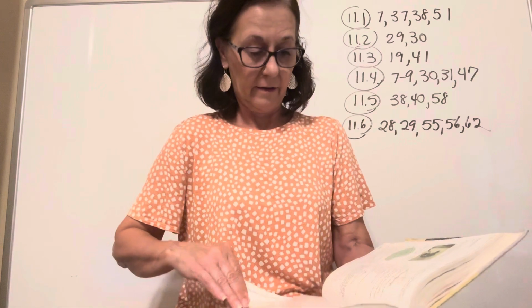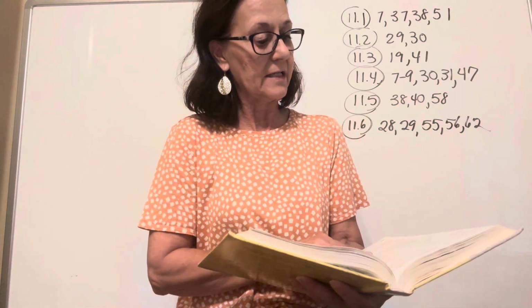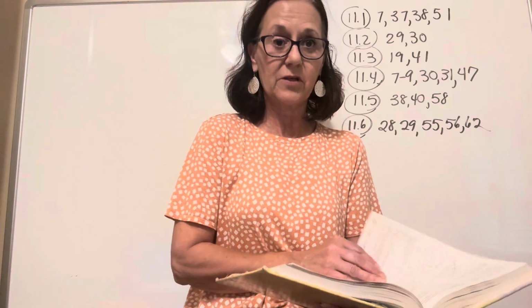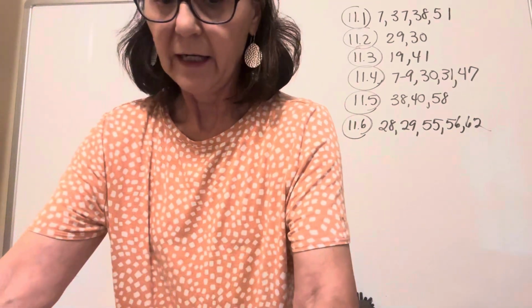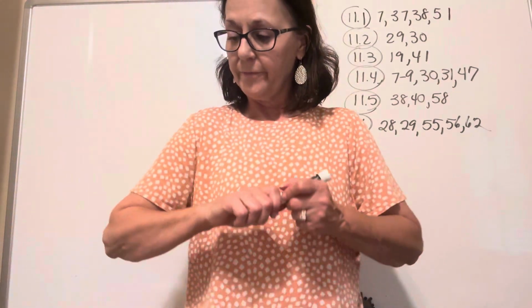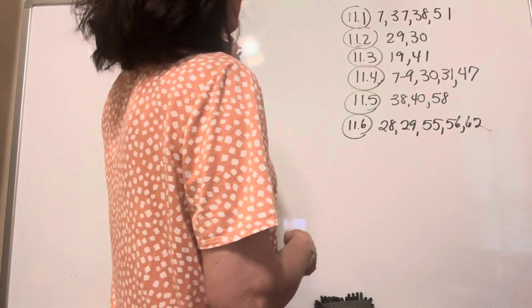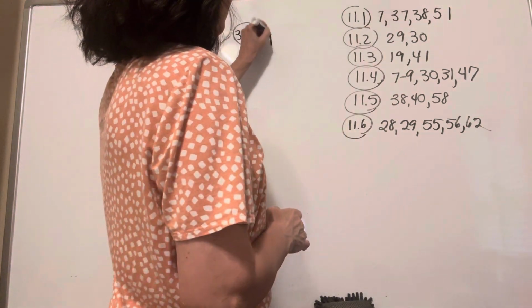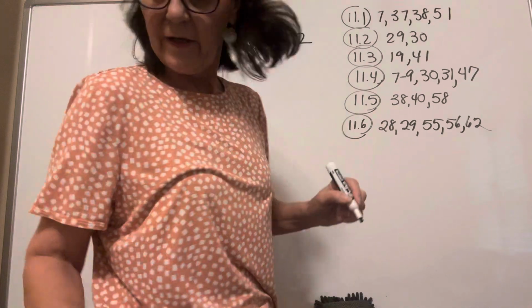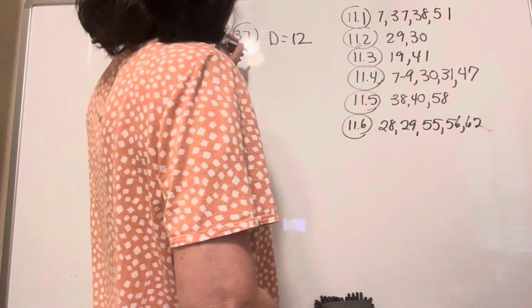37 on page 432. 37 says, find the area of the square to the nearest square inch. So you have to go back to the previous page, and it looks like the diameter is 12 inches. If the diameter is 12, 37 asks for the area of the circle.